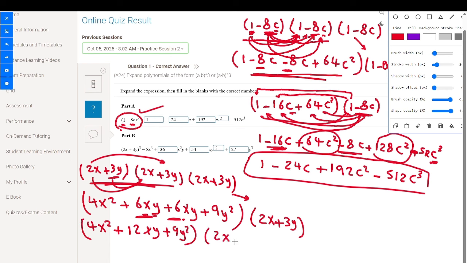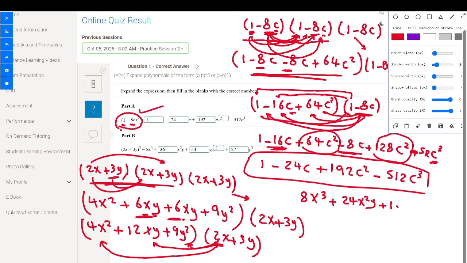Now multiply with 2x plus 3y. 2x multiply 4x squared will be equal to 8x to the power of 3. 2x multiply 12xy will be equal to 24x squared y, and 2x multiply 9y squared will be equal to 18xy squared.